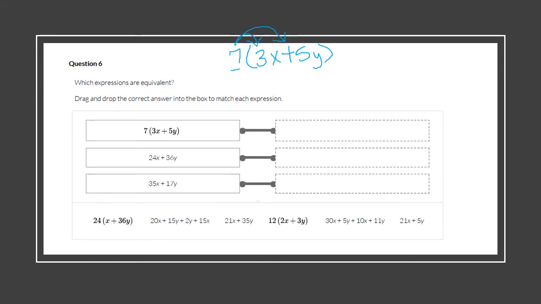So it'd be 7 times 3x plus 7 times 5y. 7 times 3x is 21x. 7 times 5y is 35y. So we could drag that one up there and get 21x plus 35y. And we're done with that one.